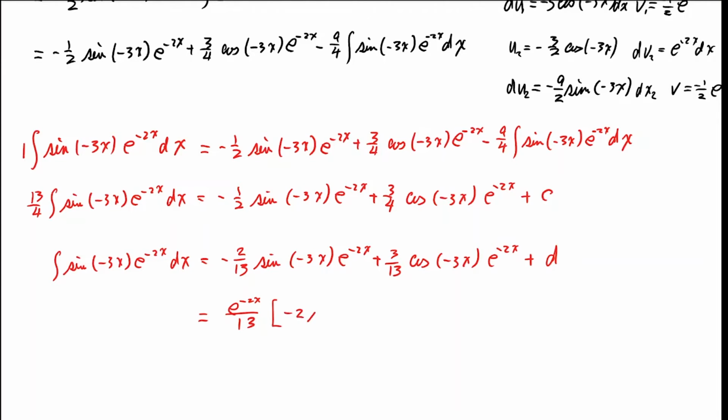So we have negative 2 sine of negative 3x, and then plus 3 cosine of negative 3x. Beauty, eh?